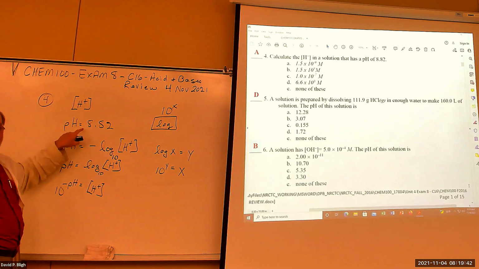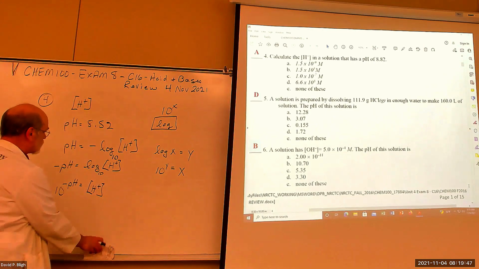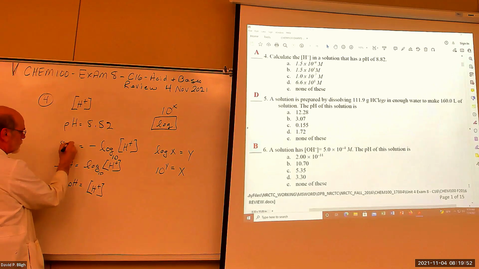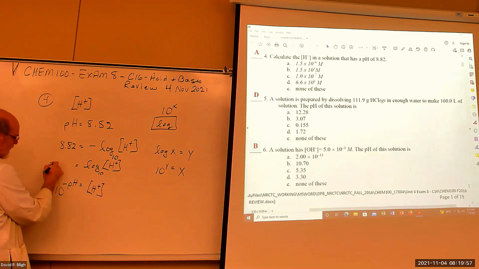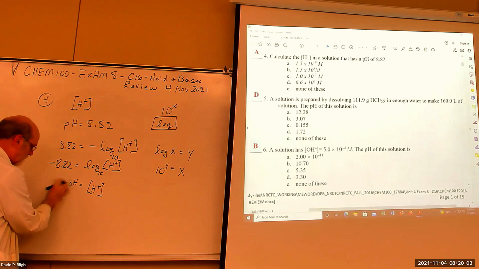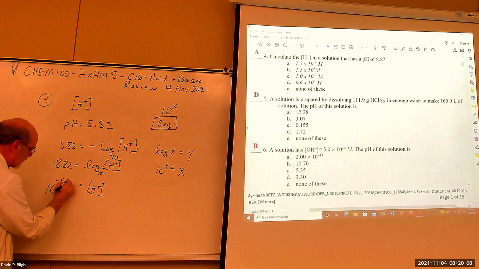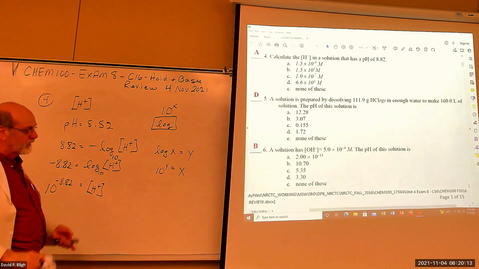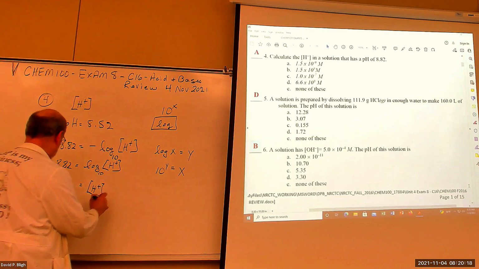So if we want to evaluate this pH in terms of hydrogen ion concentration, we just put pH here, 8.82. That means this will be negative 8.82. Now we can do 10 to the negative 8.82. That will give you the hydrogen ion concentration. And it should be, let's see, 1.5 times 10 to the minus 9th molar.